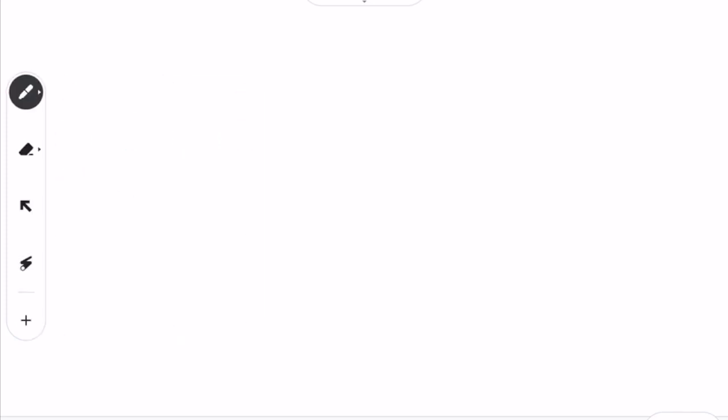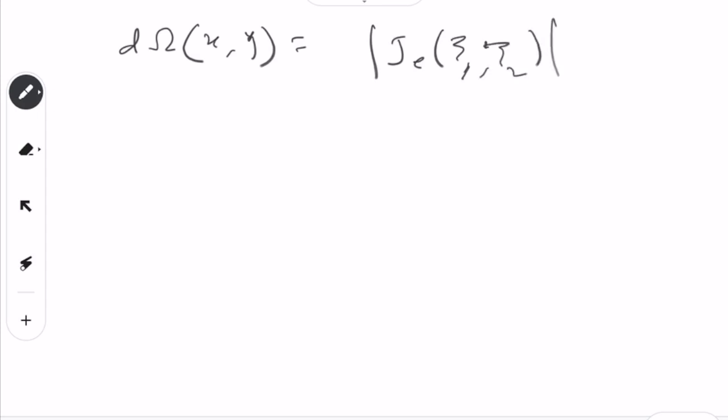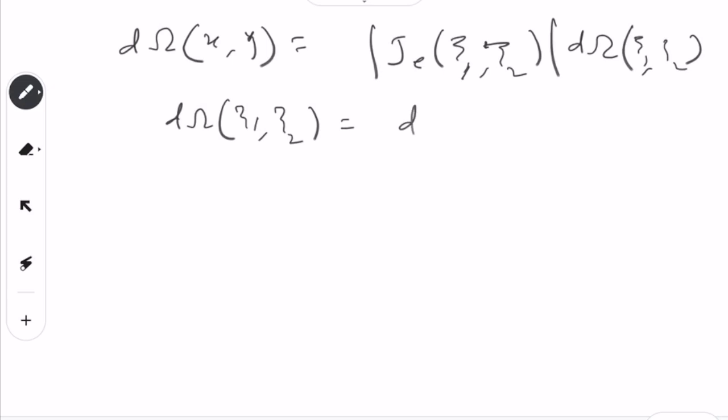In our system earlier we wrote d omega xy is equal to J_e, the determinant of that, times d omega xi 1 xi 2, where d omega xi 1 xi 2 is nothing but d xi 1 d xi 2 basically. This is what the meaning is.